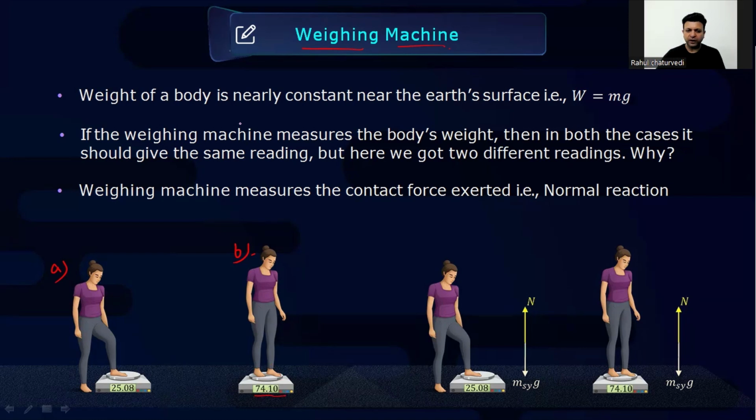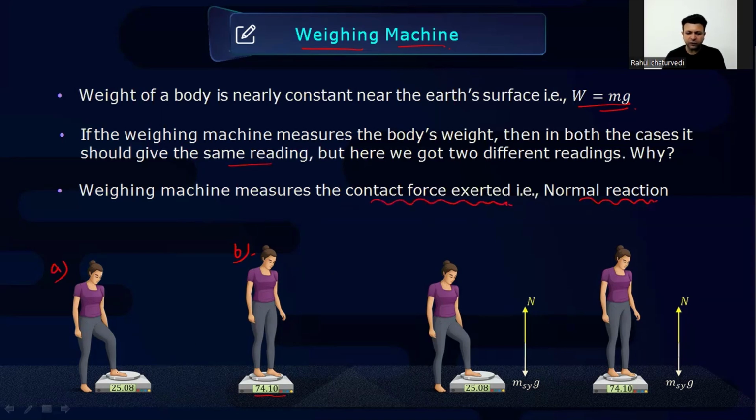So what is the role of the weighing machine? The weight of the body is nearly constant near the surface, as we know W is equal to mg. If the weighing machine measured the body weight, then in both cases it should give the same reading. But actually, the weighing machine only measures the normal reaction. So the weighing machine measures the contact force.